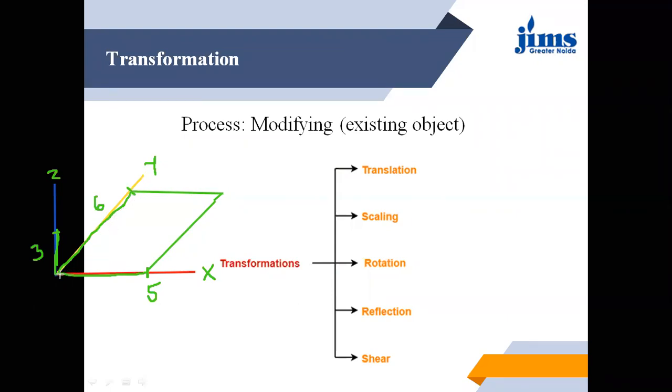So on one axis this is 5, on another axis this is 6. When we want to consider this point, it will be 5 on the x-axis, 6 on the y-axis, and as it lies on the floor, the value of z is 0.